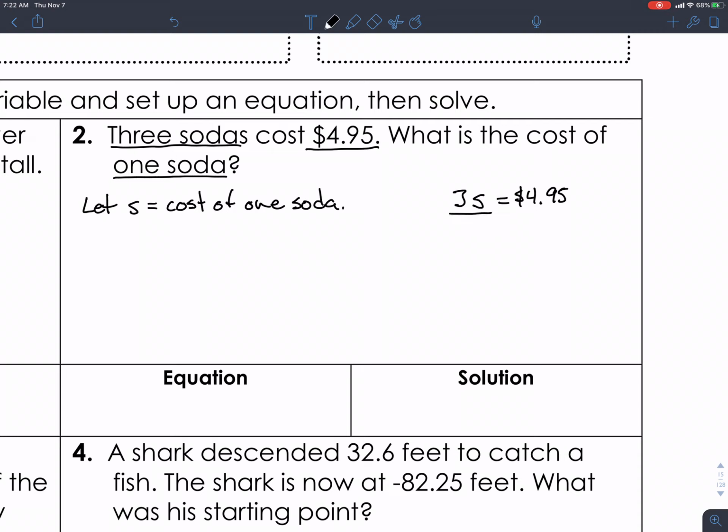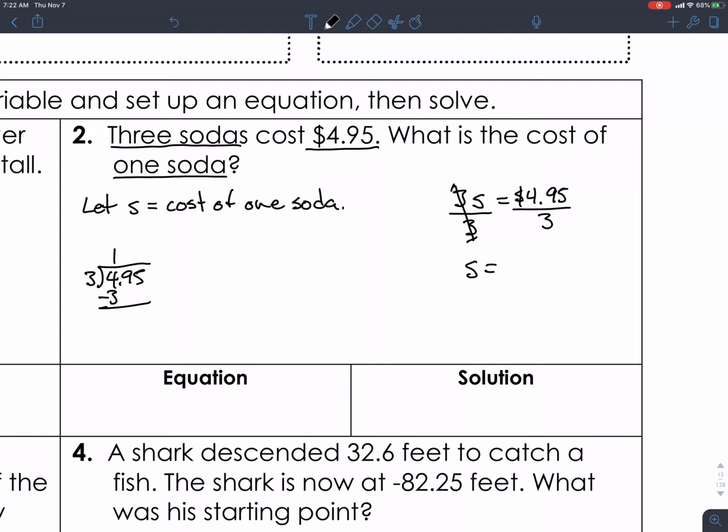Okay? It's multiplication, 3 times S. So we divide by 3 on both sides of our equal sign. That becomes a big, huge 1, so it's 1S. I don't need to write the 1 in front of it. I'm just going to show my work over here for the $4.95, because I need to figure out what $4.95 divided by 3 is. 3 goes into 4 one time. 1 times 3 is 3.